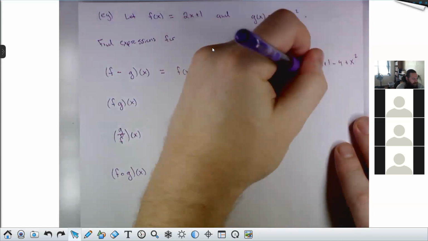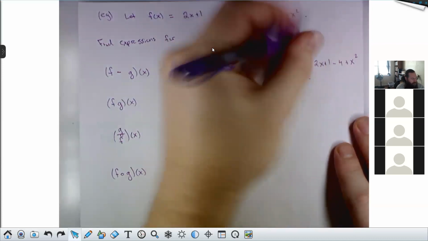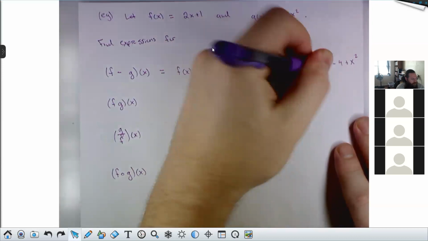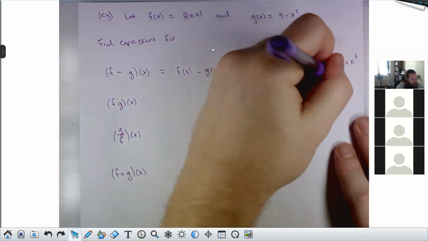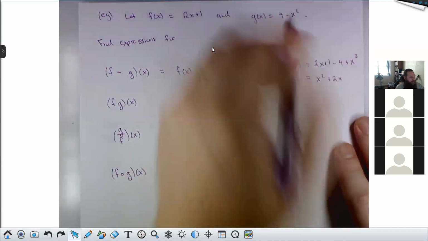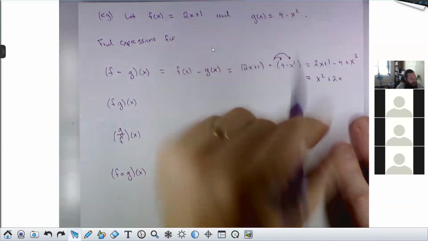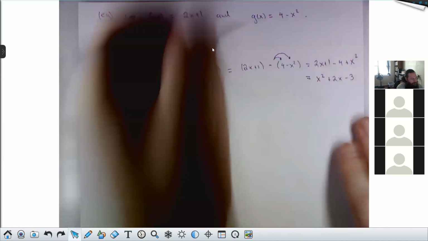And then we can combine our like terms. I have an x squared, so I'll write that out front. I've got a positive 2x. And then positive 1 minus 4 is minus 3.